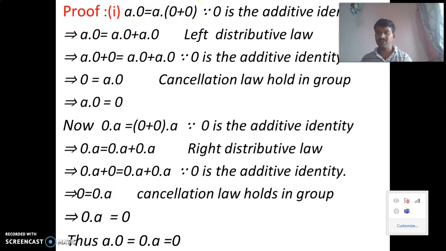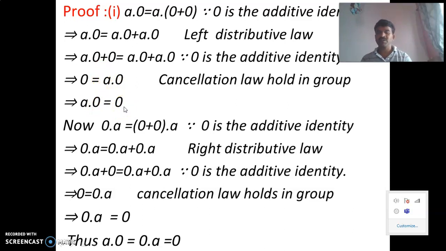Then A dot 0 equals A dot 0 plus A dot 0 by the distributive law, and since 0 is an additive identity, we can include 0 on the left hand side of that relation, which gives A dot 0 plus 0. By the left cancellation law, A dot 0 and A dot 0 cancel each other, which gives A dot 0 is 0.